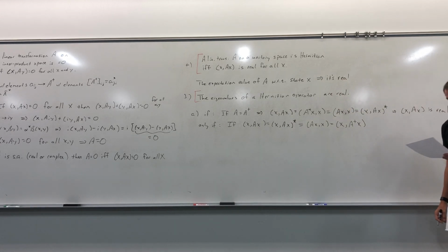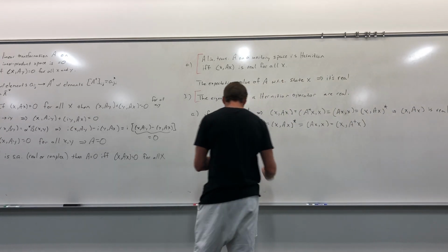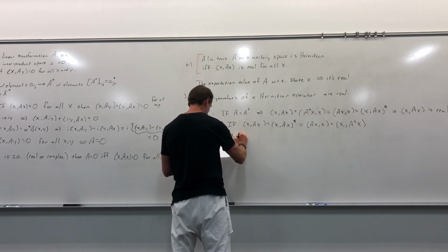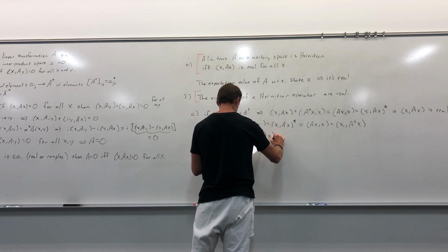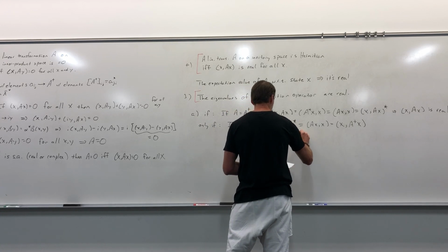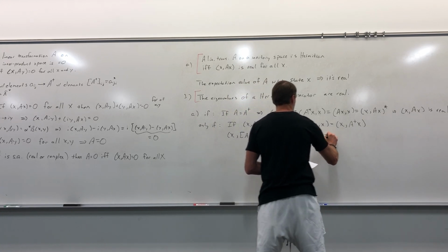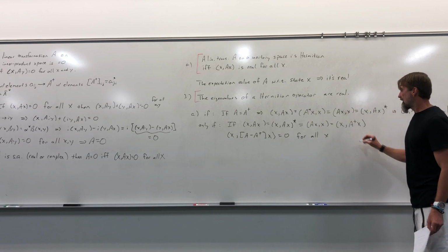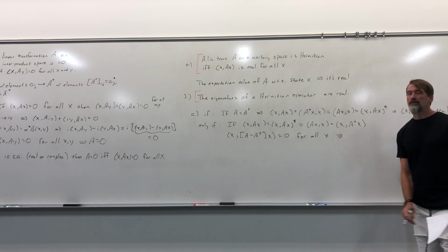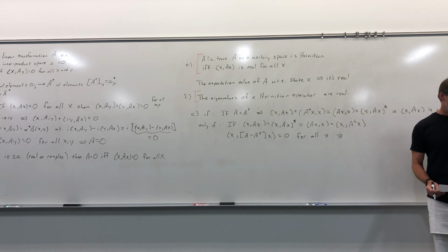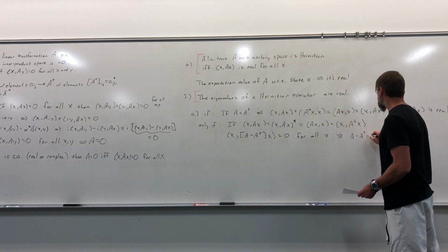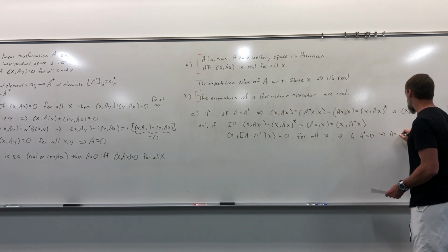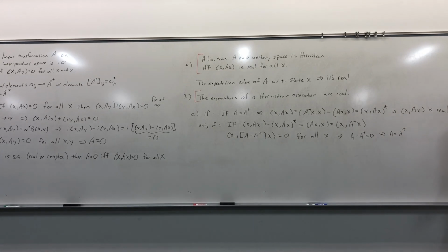Then this implies that <x, (A minus A dagger) x> equals 0 for all x. And that tells me what? A minus A dagger is 0, or A is equal to A dagger.